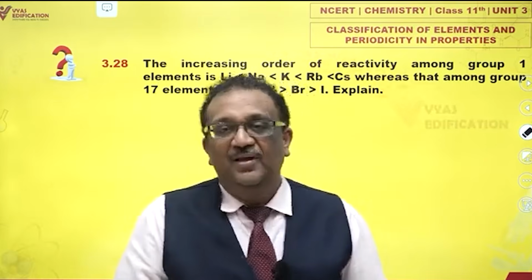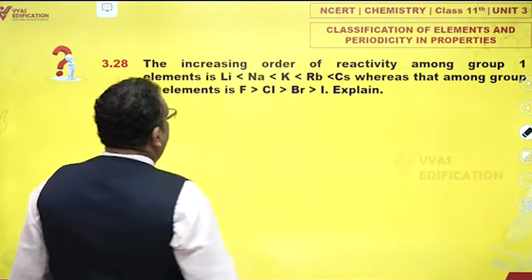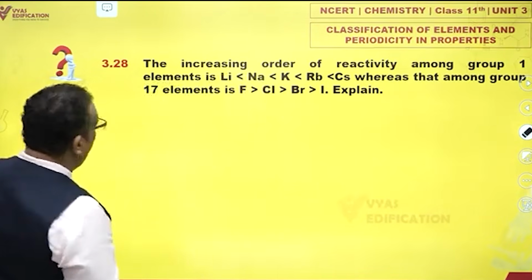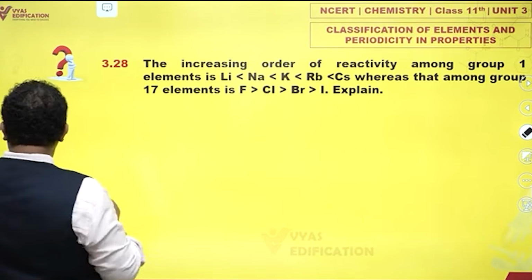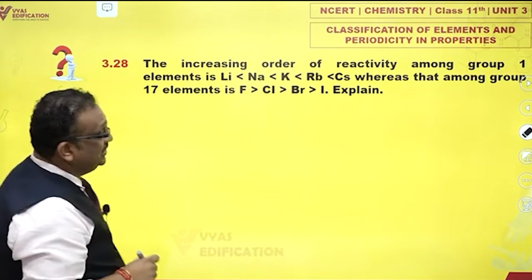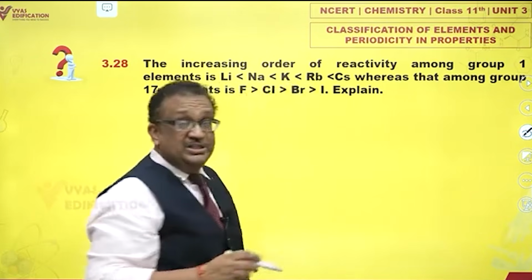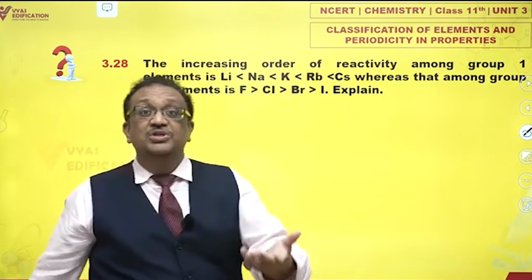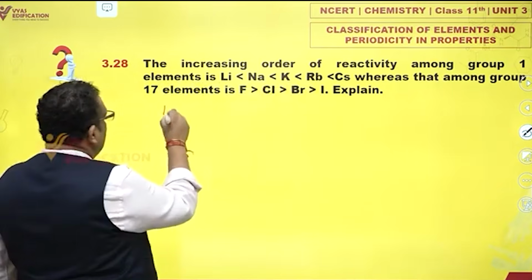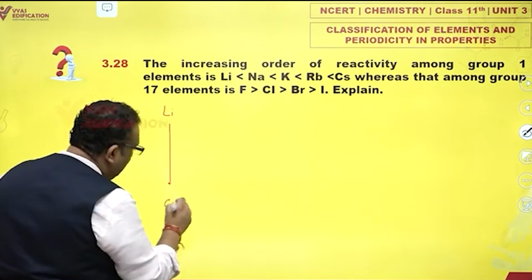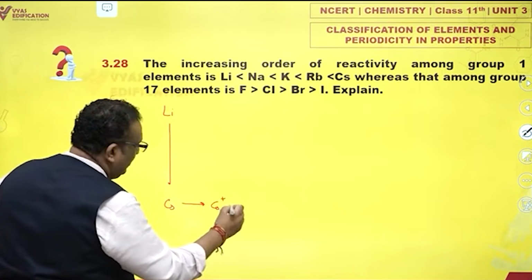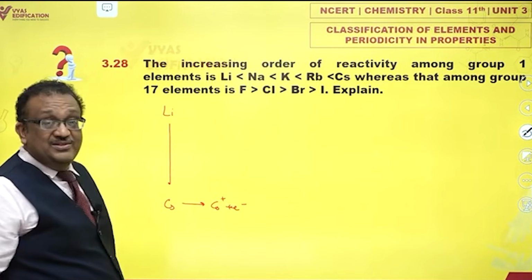Why? It's very simple. If you look at metals, when we are moving down the group from lithium, sodium, potassium, rubidium, cesium, you discover that metals typically react by losing electrons. So, from lithium to cesium, the tendency to lose electrons increases.